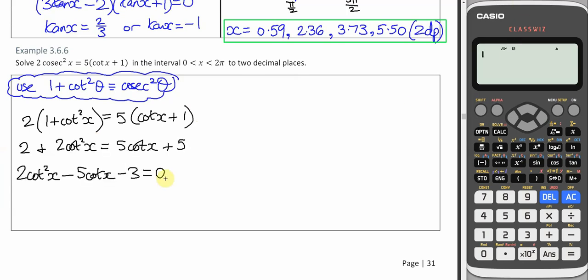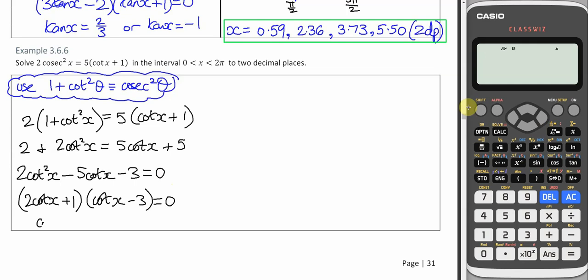Now it's in standard form, try and factorize it if it does, or use quadratic formula, or use the calculator. But this one does factorize, so that's quite a quick way of solving it. If we put the -3 there and a +1 there, that gives us what we had in the line above.